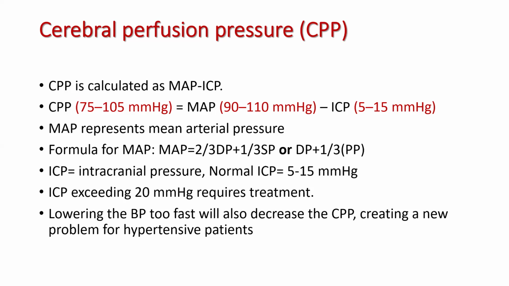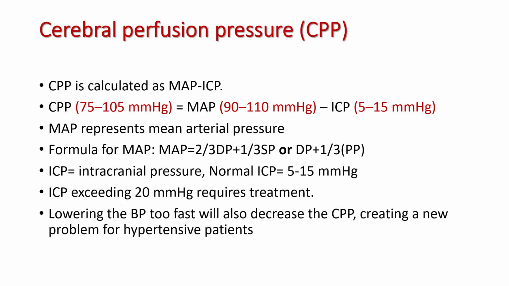Normally CPP is 75 to 105 millimeters of mercury, MAP is 90 to 110 millimeters of mercury, and ICP is 5 to 15 millimeters of mercury. If you have an increase in ICP, the CPP is going to reduce, because they have a converse relationship.